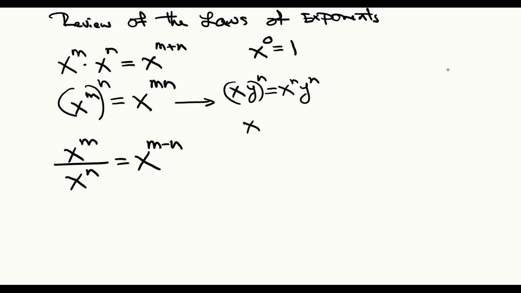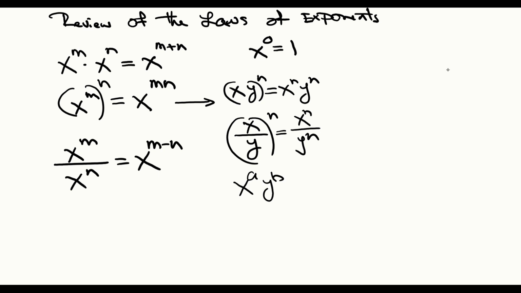And what do you do if it's a quotient? Well, you just do a similar thing. You raise each base to that outer power. And there's also the more general case. What if you have a power inside, like x to the a, y to the b to the power of n?